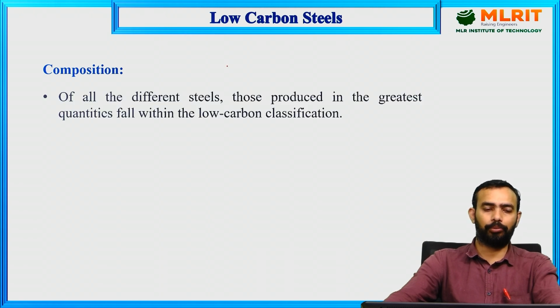If you look at the composition of the low carbon steel, among all the different steels, those produced in greatest quantities fall within the low carbon classification. So the majority of the steels that we produce today fall under this low carbon classification.